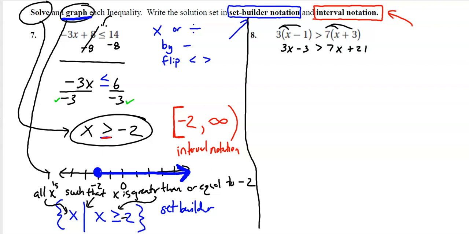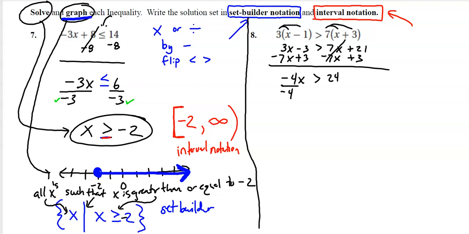I'm going to get all my x's to one side. Depending on which way you want to go, if you want to move them to the left, fine. If you want to move them to the right, fine. I'm going to move them to the left just because I want to remember to flip that sign. So I'm going to move my x's to the left, which means I move these numbers to the right. So I'm going to have -4x is greater than 24.